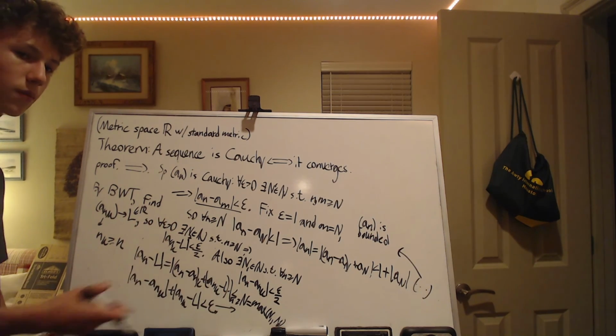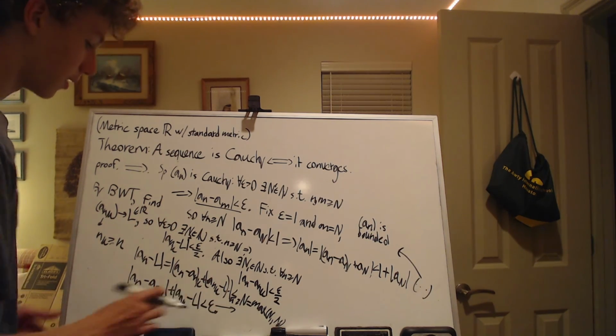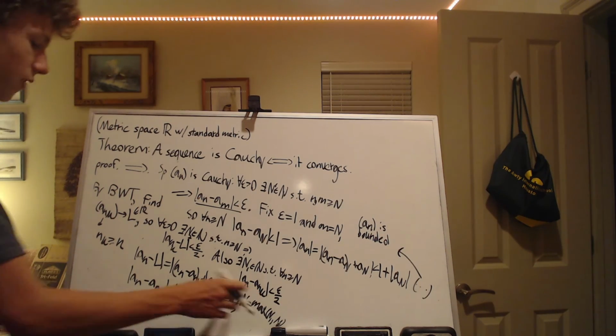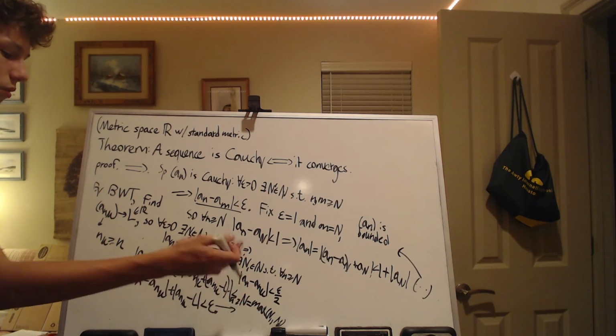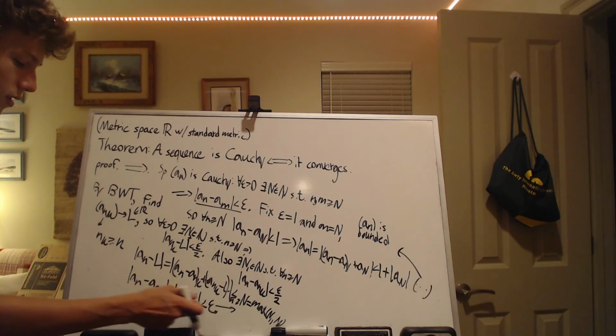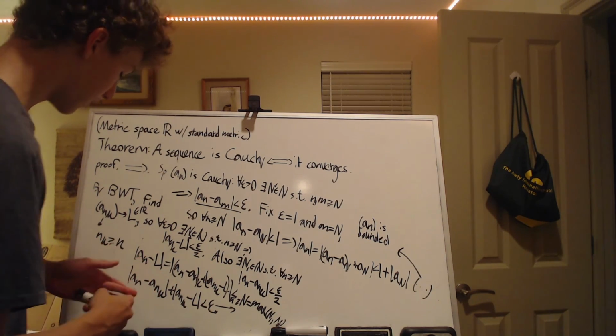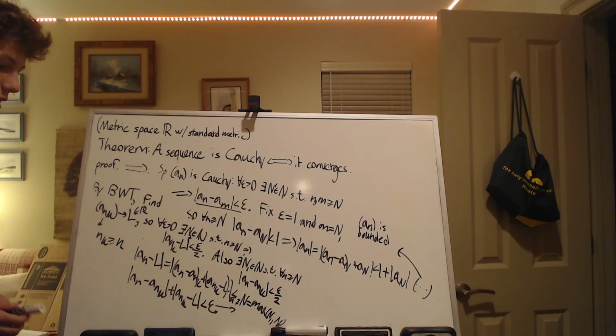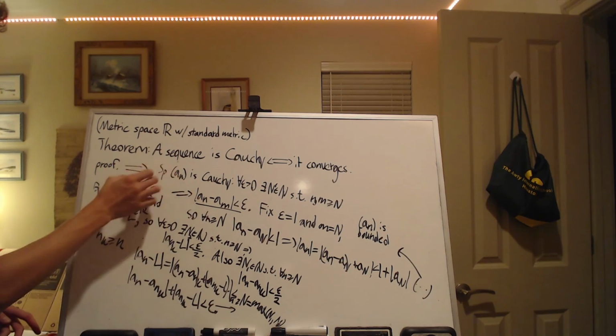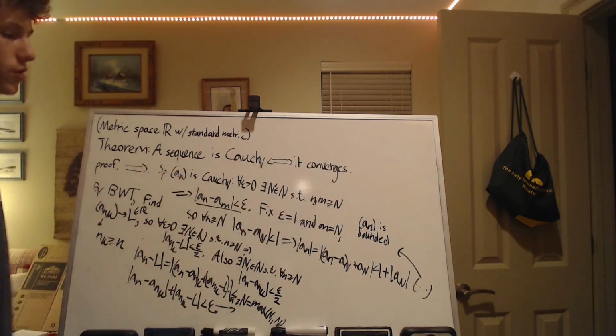If we take the maximum, then we account for both of these. Thus we found the capital N such that for all lowercase n greater than or equal to that, this holds, and that's just the definition of the fact that a sub n converges to L, and thus we've shown that a sequence being Cauchy implies it converges.